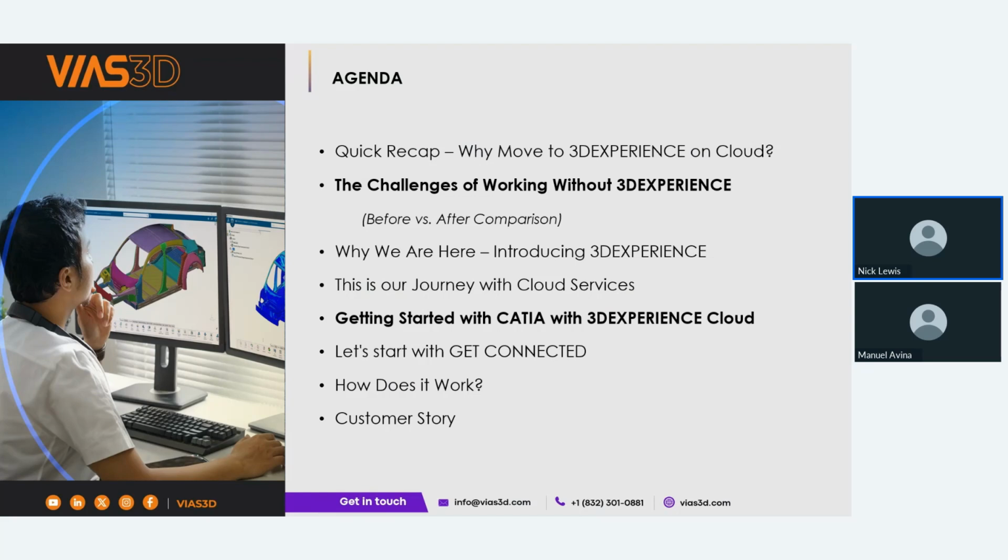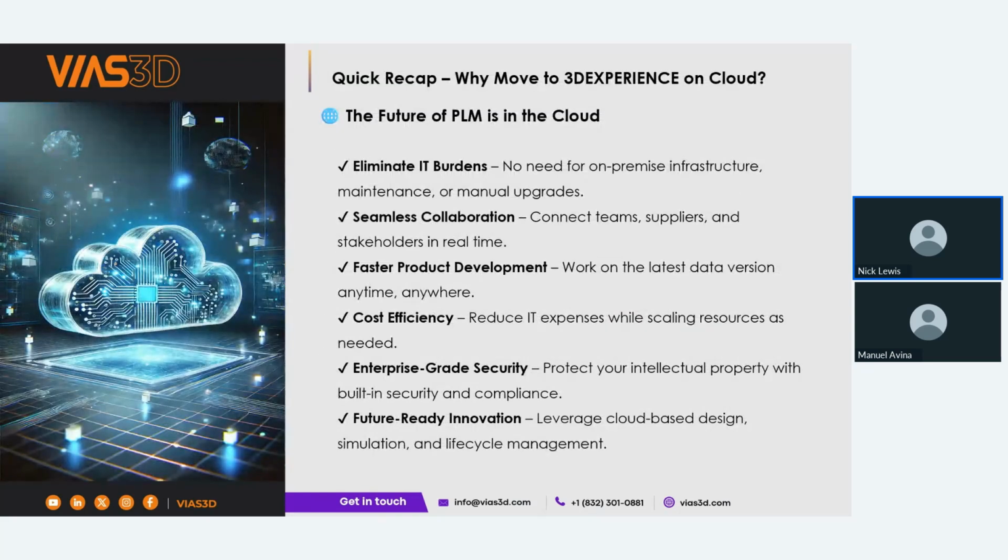But the good news is CATIA V5 with 3D Experience Cloud can solve these challenges and optimize your workflow. And we'll be diving into more detail into that right now.